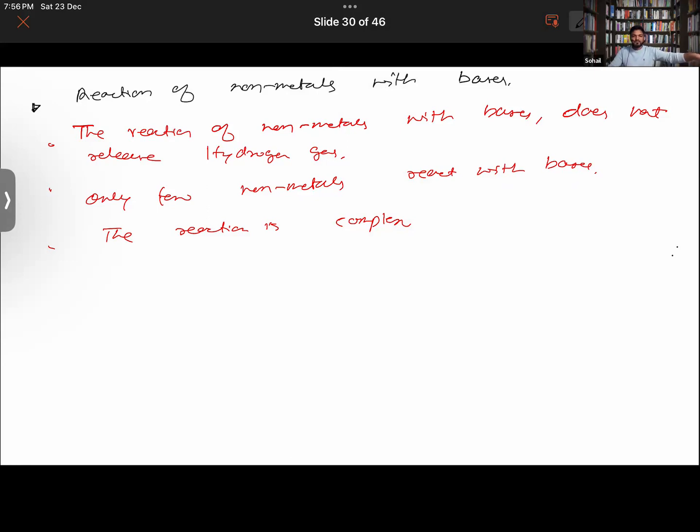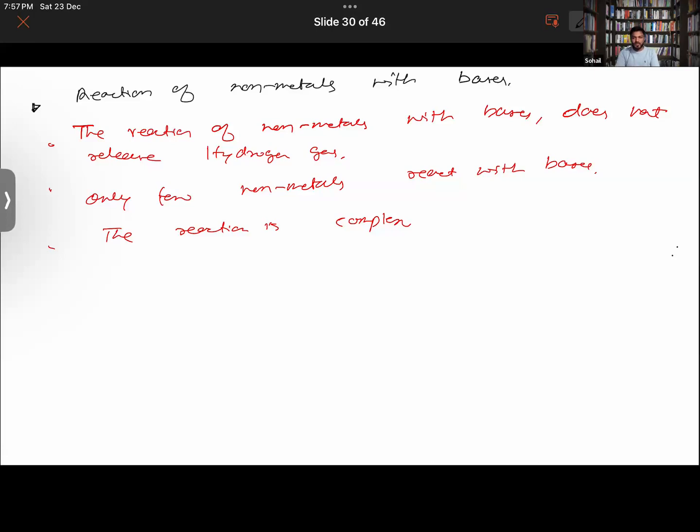So next, you have some metal oxides that react with both acids and bases.